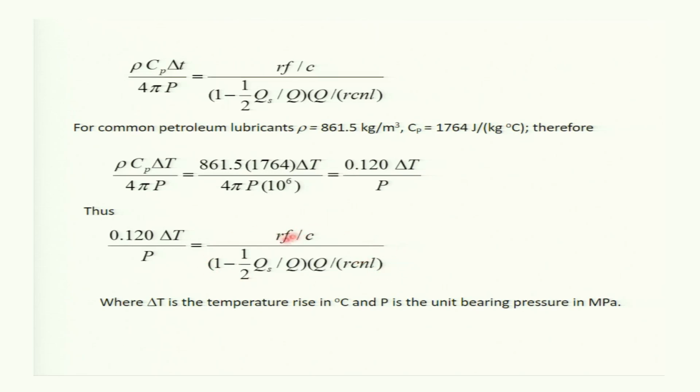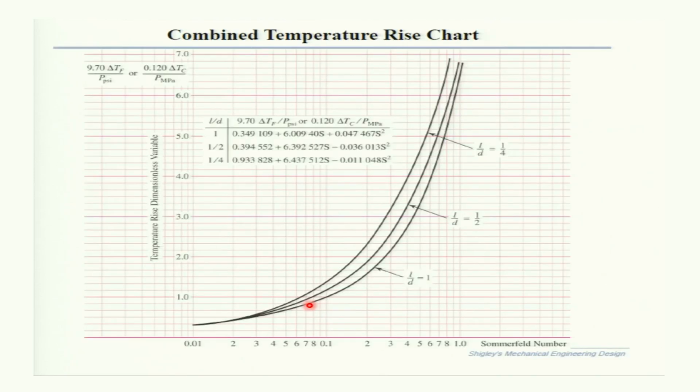There is a chart for this, there is a chart for this, there is a chart for this, and we have a separate chart also with respect to this 0.12 delta T divided by P with respect to the Sommerfeld number, and that is given here.